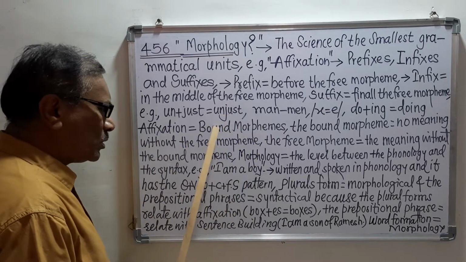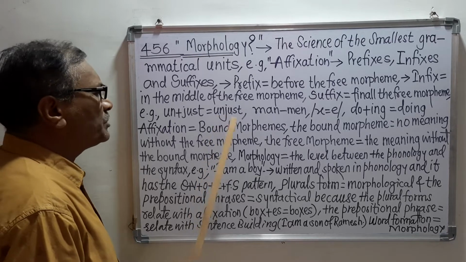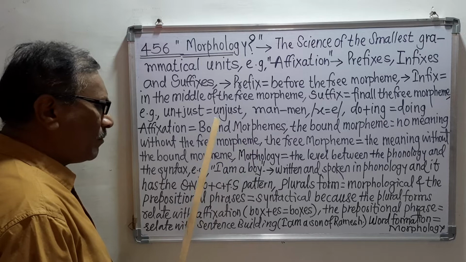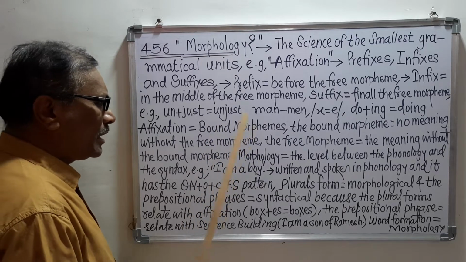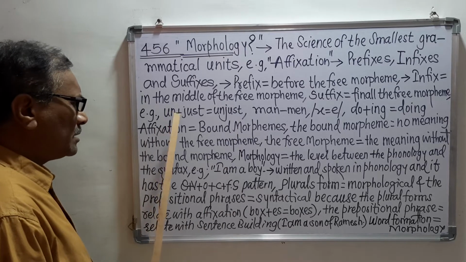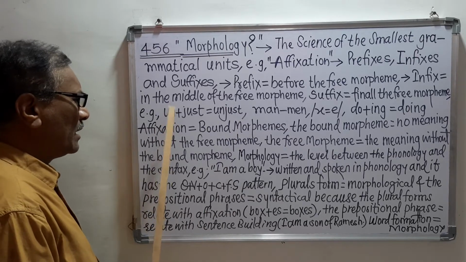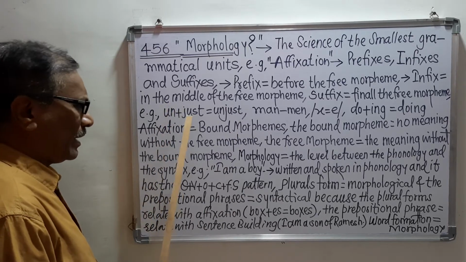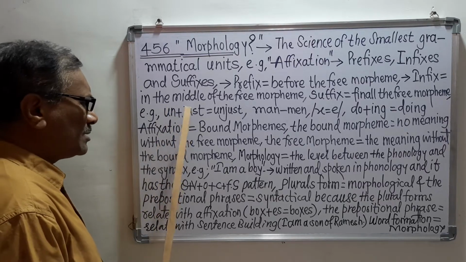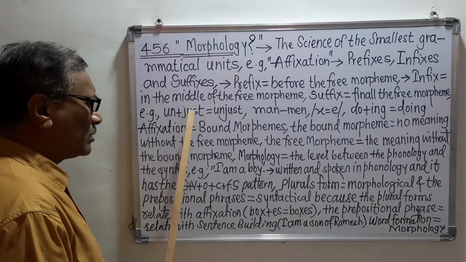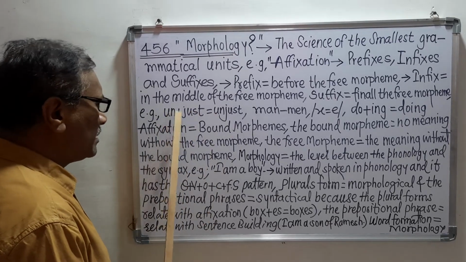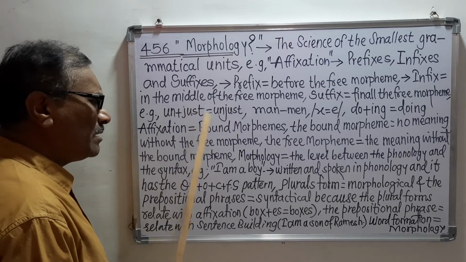A bound morpheme is a morpheme which has no meaning of its own. For example, un is a bound morpheme because un has no meaning. In comparison, just has meaning because it gives you the meaning. So un is the bound morpheme and just is the free morpheme.